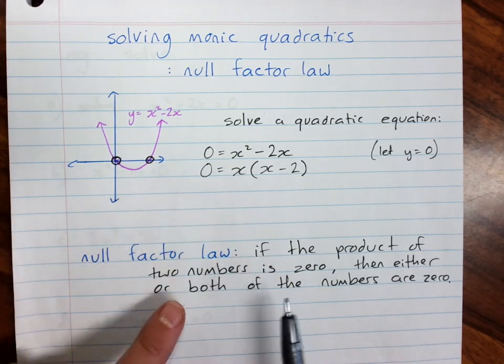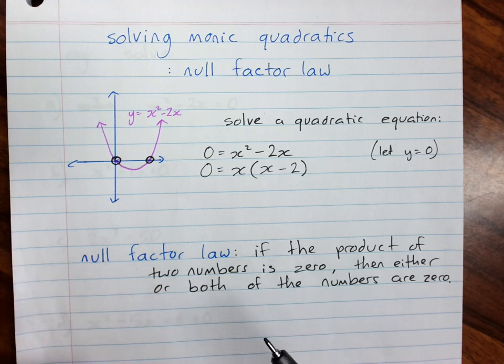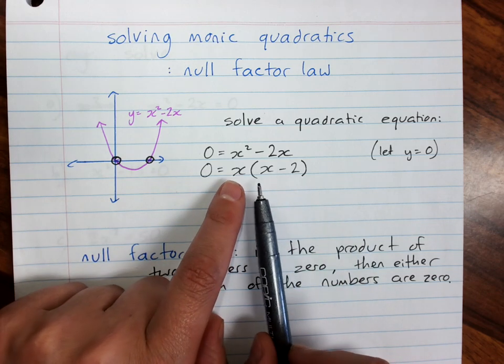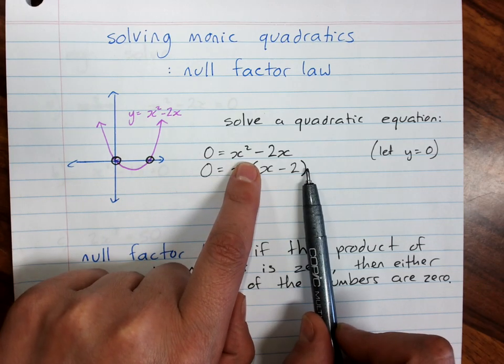So that makes sense. The only way you can multiply two numbers and get 0 is if one of them is 0. If I was solving this, it is the product of x and x minus 2.